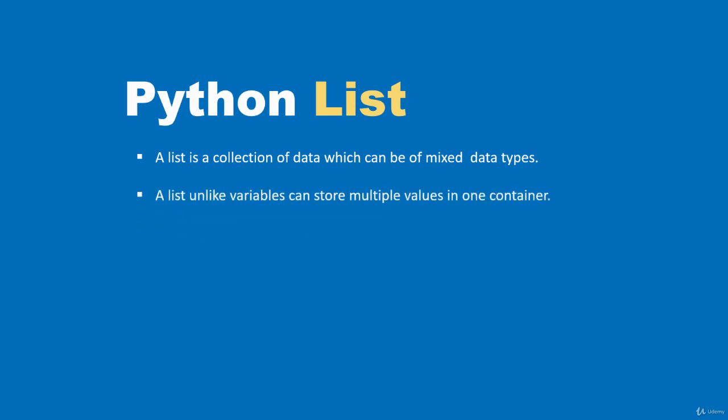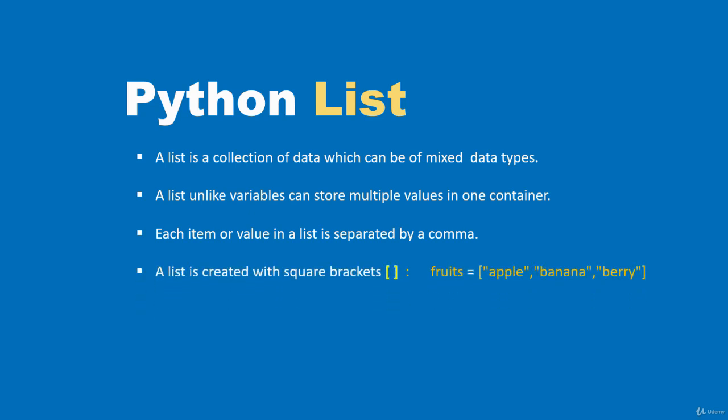Each item in a list is separated by a comma, and you can create a list by using square brackets. For example, you can create a list called fruits and you assign the values or the items for that list inside square brackets, and you separate each item by a comma.